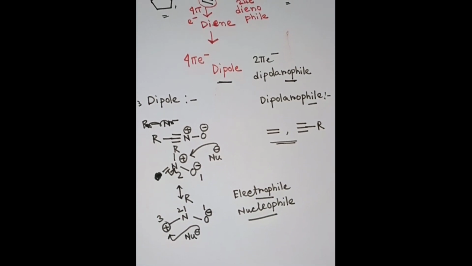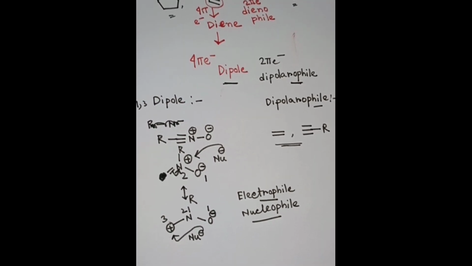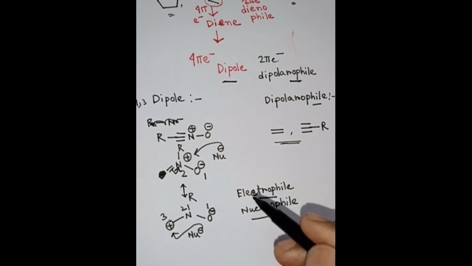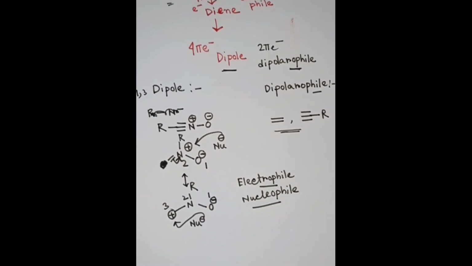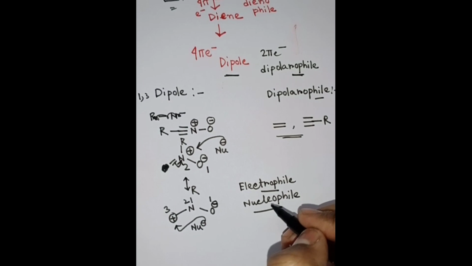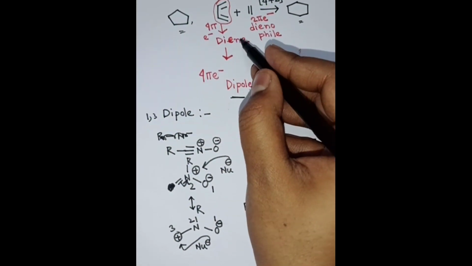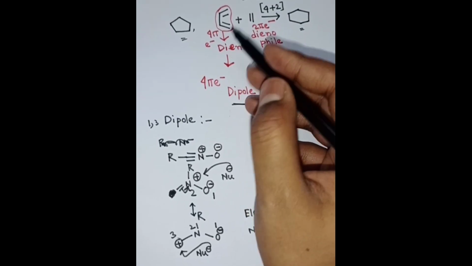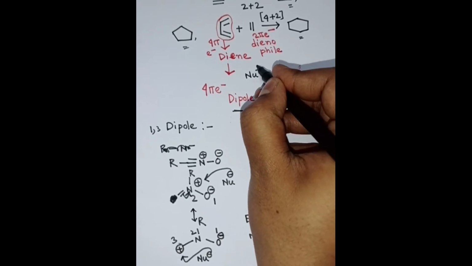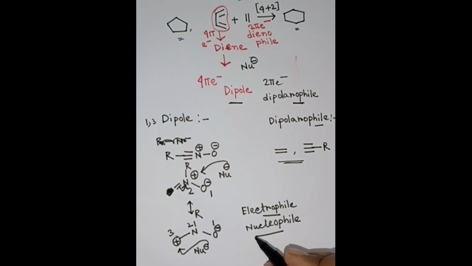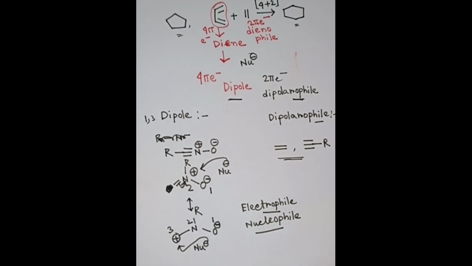In a question regarding this 1,3-dipolar cycloaddition reaction, they can ask whether the 1,3 dipole can act as electrophile or nucleophile or both. In that case you have to write that it can act as electrophile as well as nucleophile. This is the difference from the diene in the Diels-Alder reaction. In the Diels-Alder reaction, the diene can act only as a nucleophile. But here the 1,3 dipole can act as an electrophile as well as a nucleophile. So this is the difference.